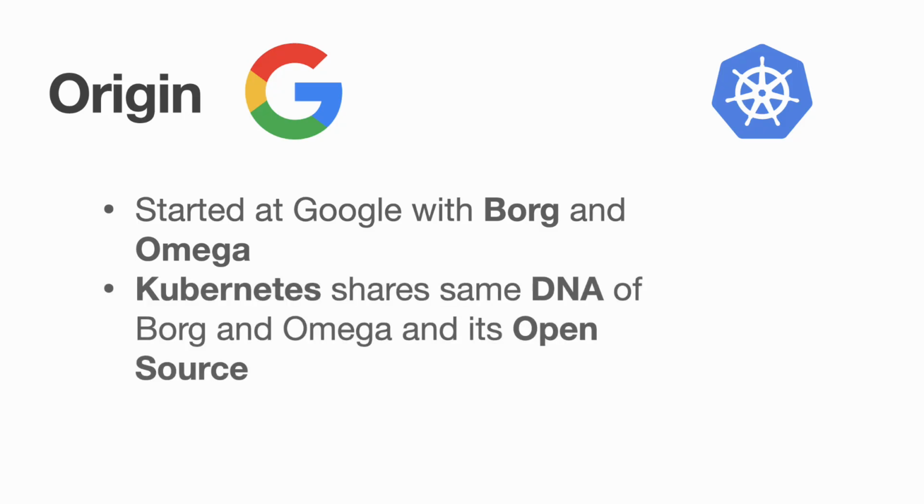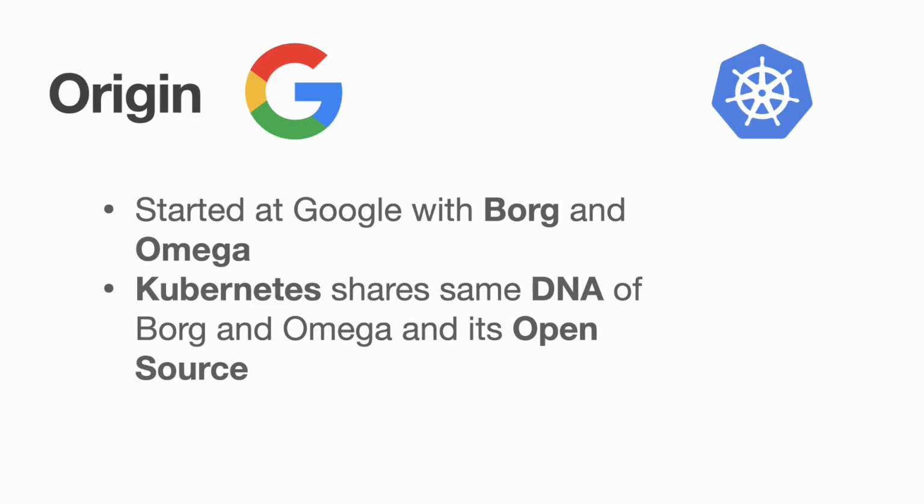Now, just to note that Kubernetes is actually written from scratch. So it shares the same DNA of Borg and Omega, and the difference here is that it's open source. So everything that developers at Google have learned over the years developing Borg and Omega, they took all of that knowledge and mistakes along the way, and they came up with Kubernetes.